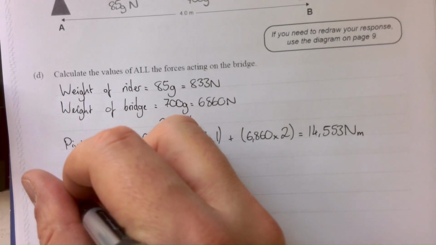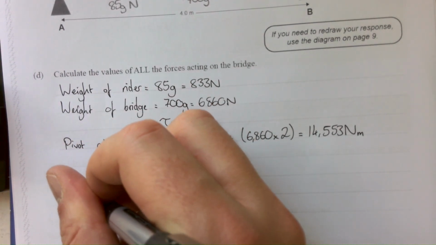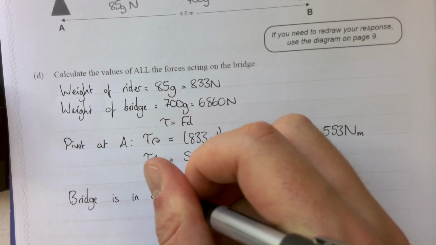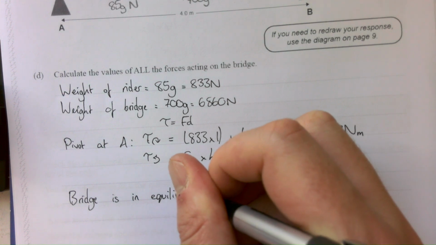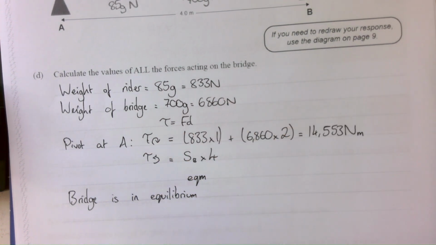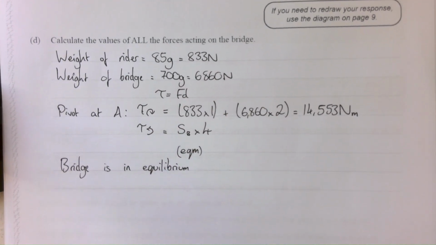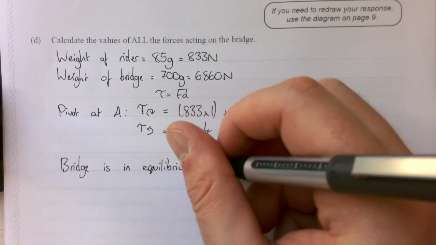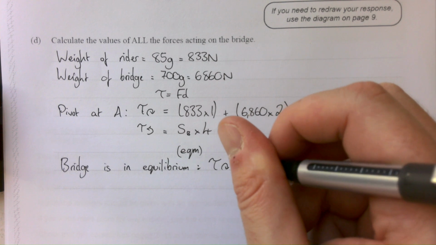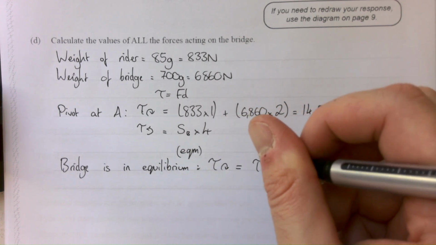Now, the bridge we've said already is in equilibrium. If you don't want to write equilibrium, often you can just get away with writing EQM. But equilibrium's there as well. Bridge is in equilibrium, which means my anti-clockwise torques are equal to my clockwise torques.